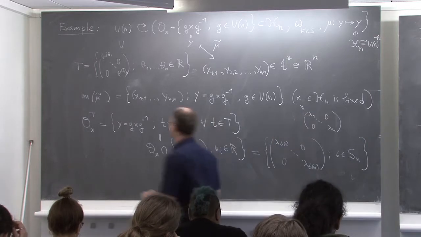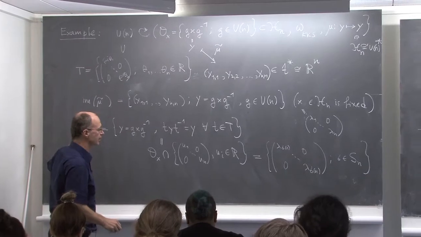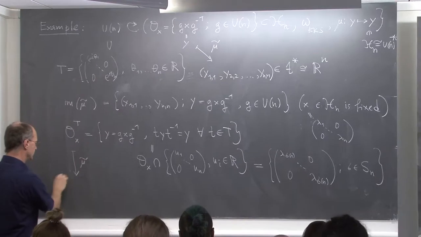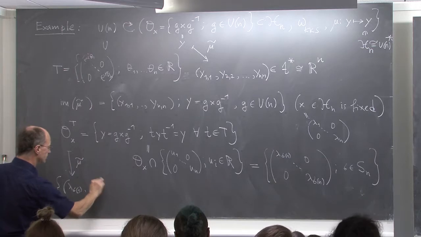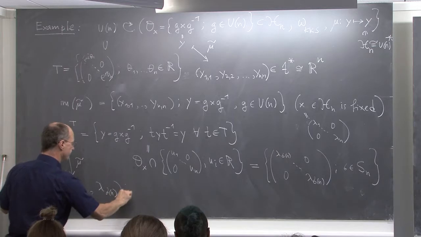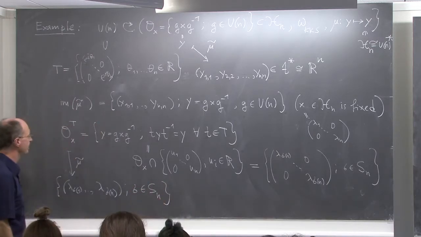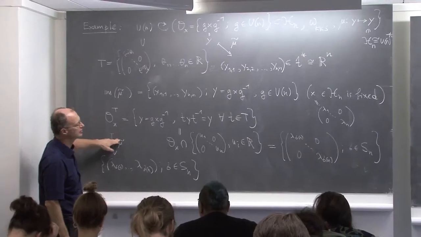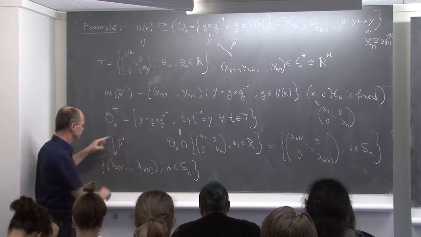We now know what is O_X^T. Now, by mu tilde, it's simply mapped to the set of vectors (lambda_sigma(1), ..., lambda_sigma(n)) for sigma in S_n.